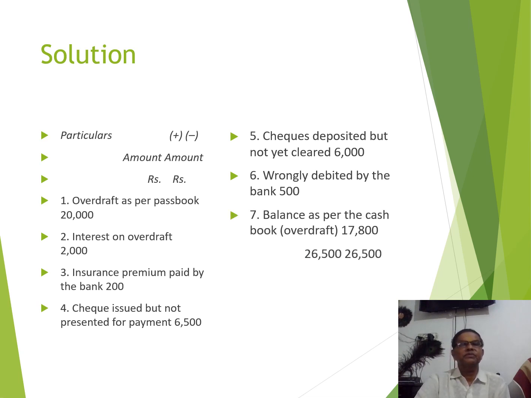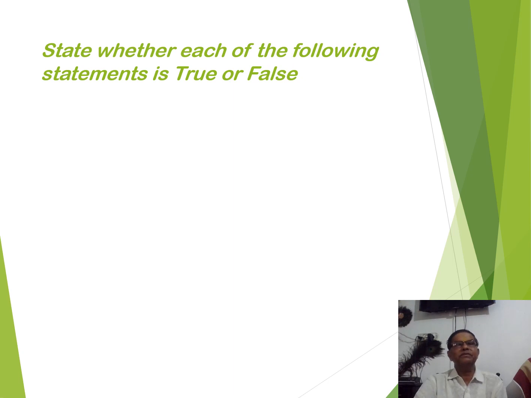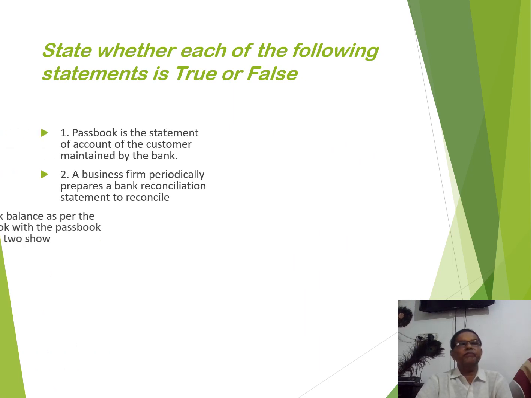Here the overdraft as per passbook is given, then interest on overdraft, insurance premium paid, and check issued but not credited. So we deduct and add these and we get the balance. Here is another question, which is true and false.